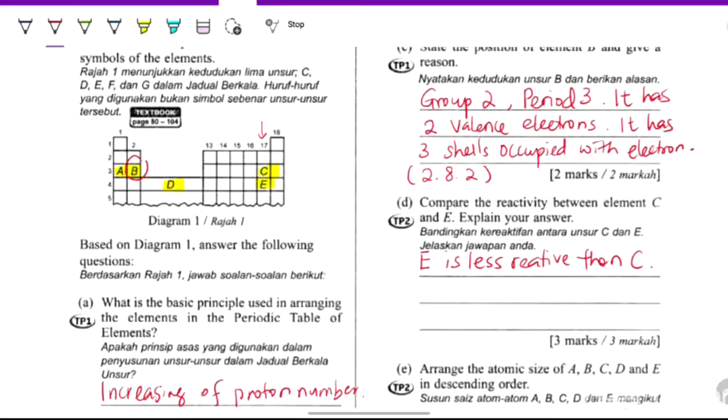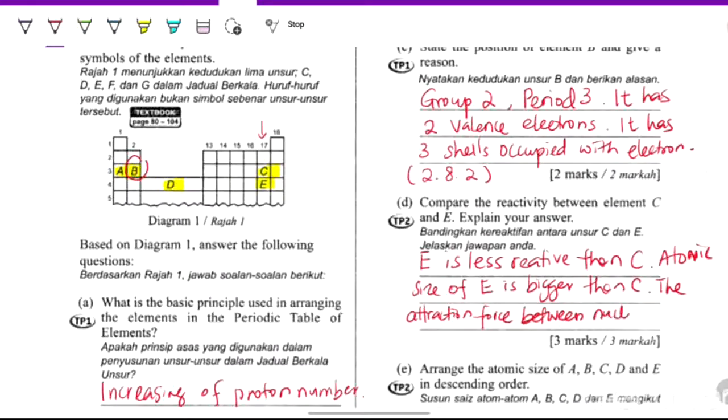Because the atomic size of E is bigger than C. Then the next point, the attraction force between the nucleus and valence electrons is weaker.